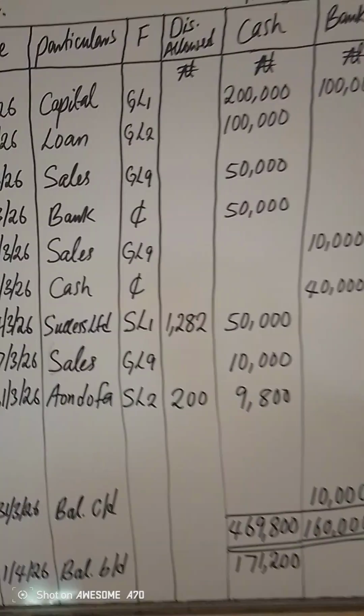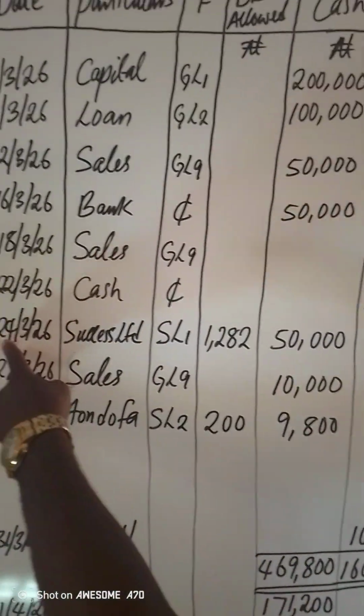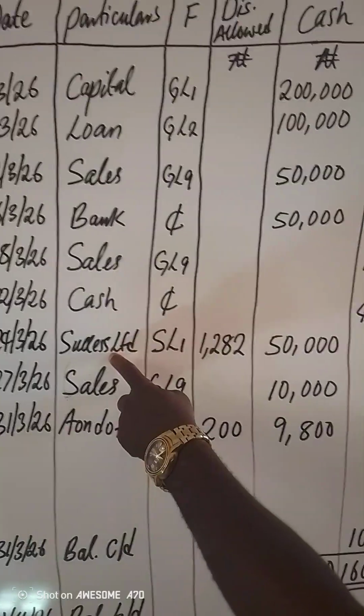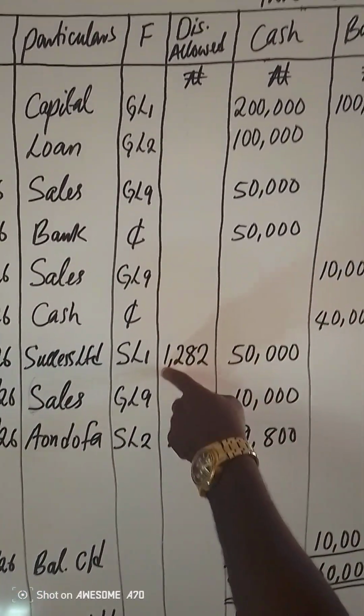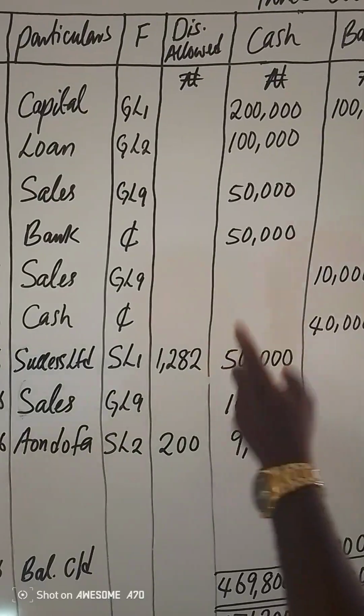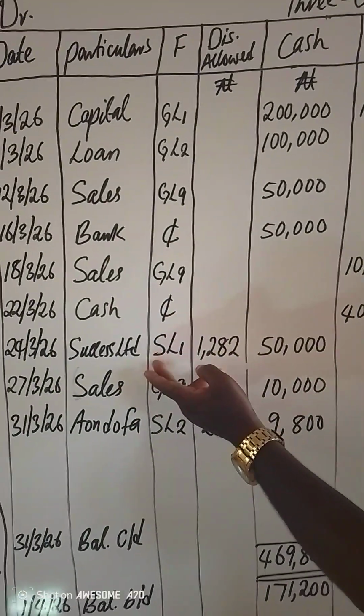We are receiving. So on this fateful day, 24th of March, the business is receiving from sources what? How much? 50,000. And the discount is 1,282. Mind you, look at the folio. The folio here is sales ledger 1.